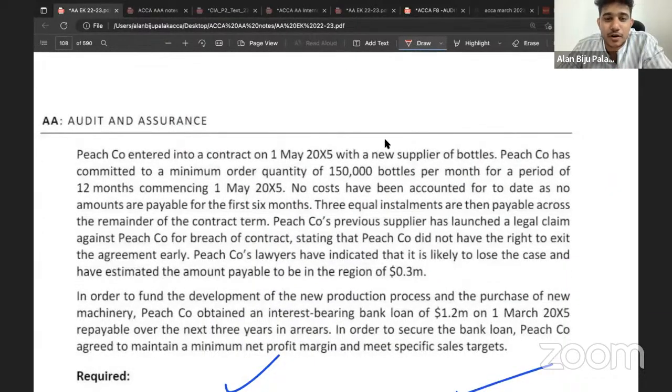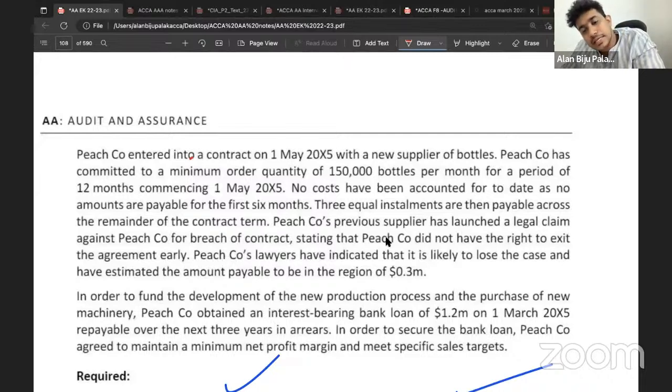Peach Company entered into a contract on 1st May 2015 with a new supplier of bottles. Peach Company has committed to a minimum order quantity of 1,50,000 bottles per month for a period of 12 months commencing 1st May 2015. No contract has been accounted for to date as no amounts are payable for the first 6 months. 3 equal installments are then payable across the remainder of the contract term. Peach Company's previous supplier has launched a legal claim against Peach Company for breach of contract, stating that Peach Company did not have the right to exit the agreement early.